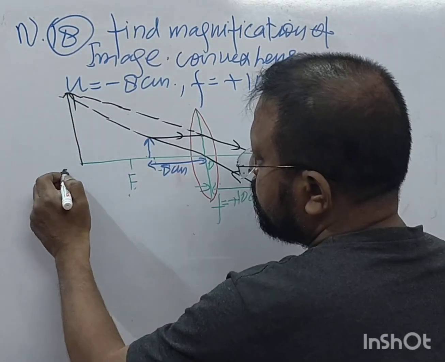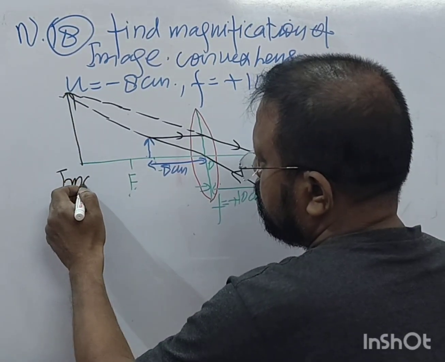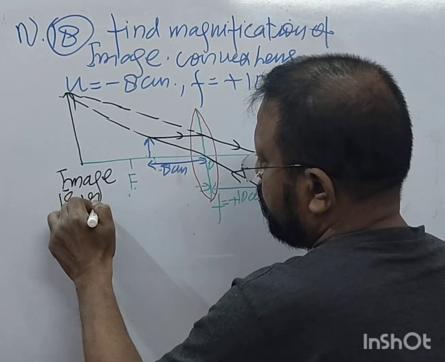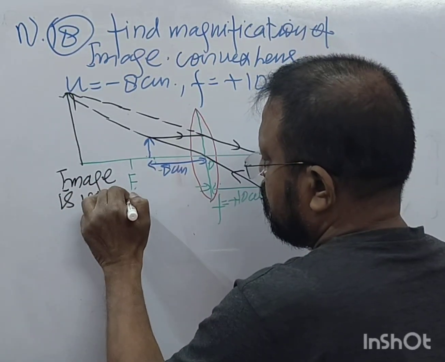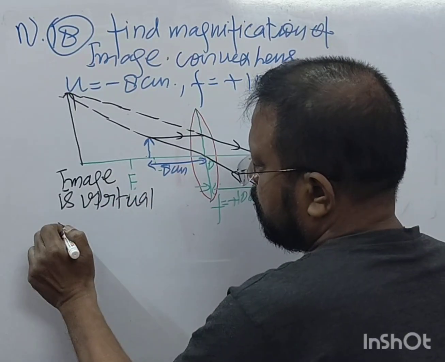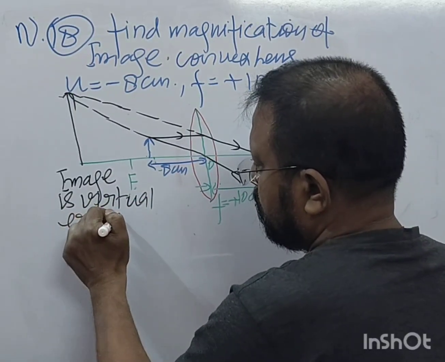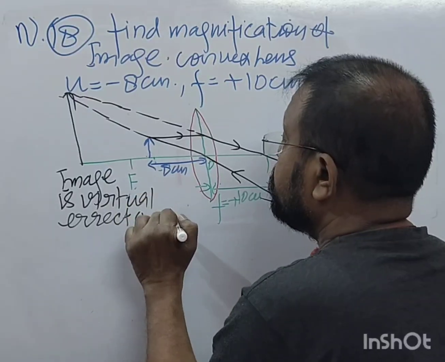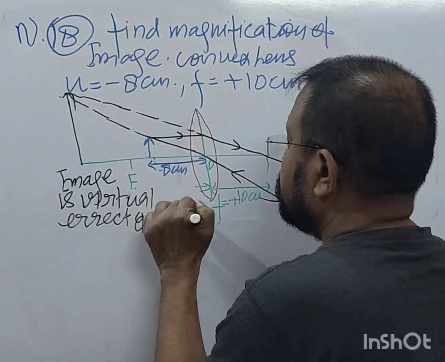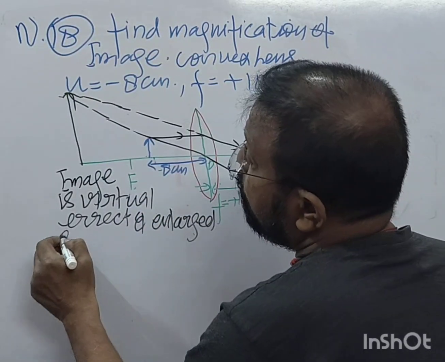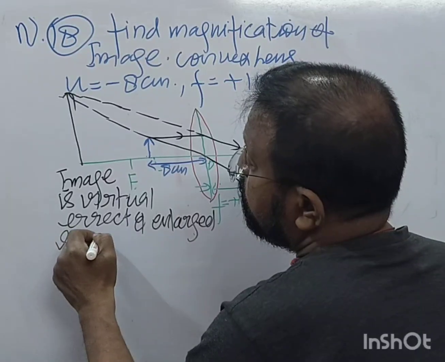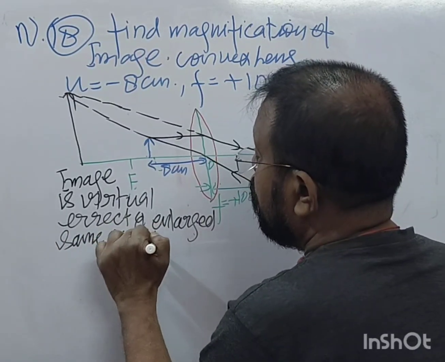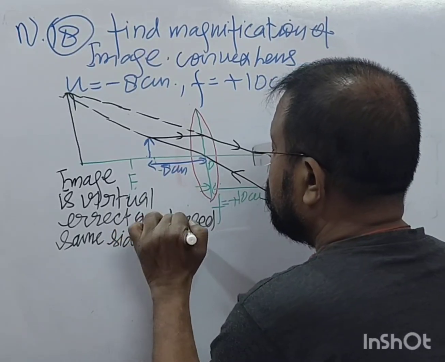So the image is virtual, erect, and enlarged, on the same side of the object.